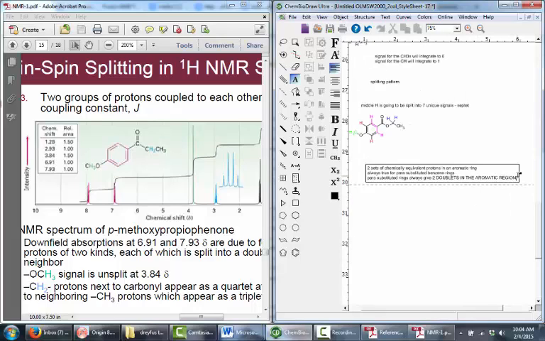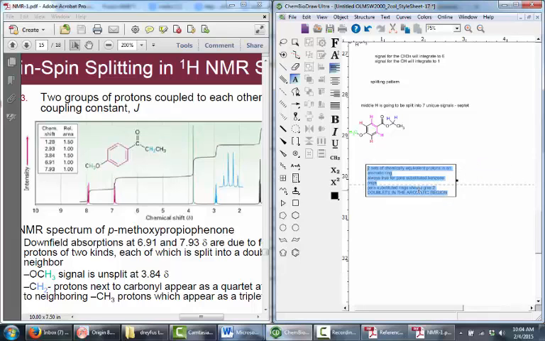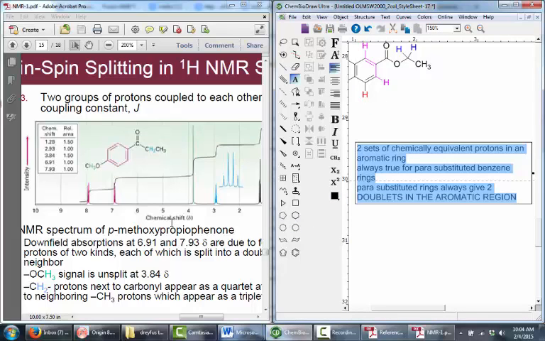We're going to practice this, and I hope you practice this quite a bit on the problem sets, but it should become very easy to see if the molecule in question is a para-substituted aromatic ring, because you will always see two doublets. Two doublets in the aromatic region always means para-substitution.